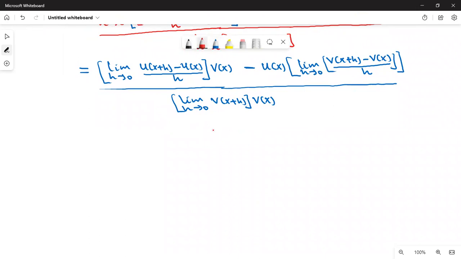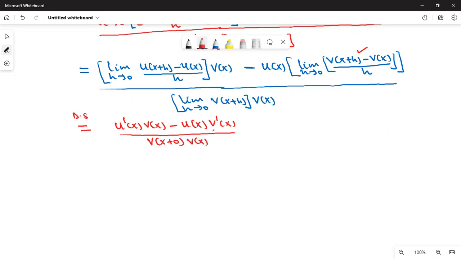So this can be written as u prime of x times v of x, then minus u of x. What about the other limit? This is the same as v prime of x over, this other limit is v of x plus 0. We are using direct substitution. And the other one is v of x. You see, v of x plus 0 is the same as v of x.